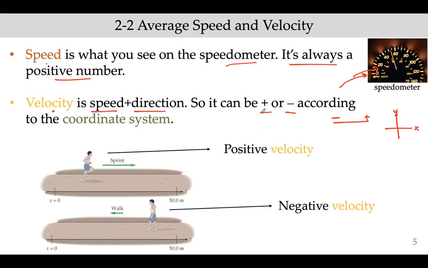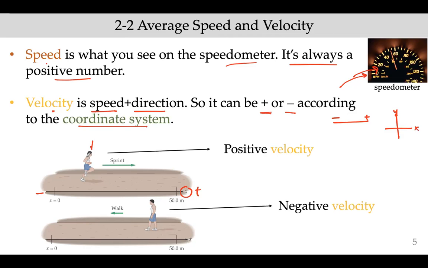Of course, whether it's going to be positive or negative also depends on the coordinate system you choose. Let's think about this man. He's running in this direction to the right. Does he have positive velocity or negative? Well, look at the coordinate system chosen. The right direction is positive, the left direction is negative with respect to this coordinate system.